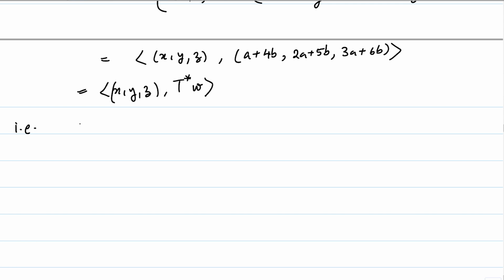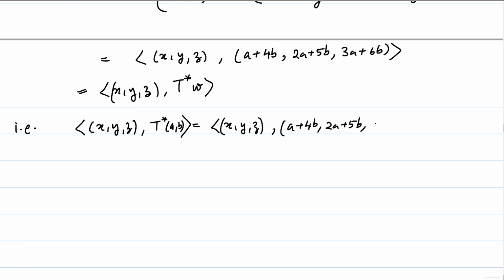The inner product of (x, y, z) and T star w, where w is (a, b), is equal to the inner product of (x, y, z) and (a plus 4b, 2a plus 5b, 3a plus 6b).